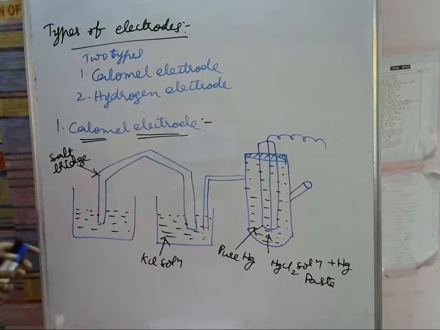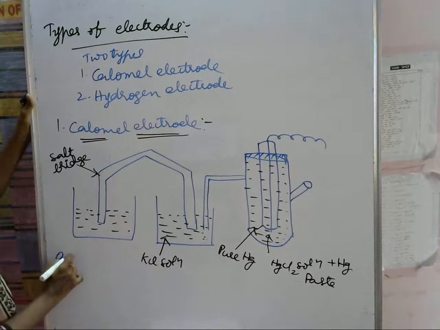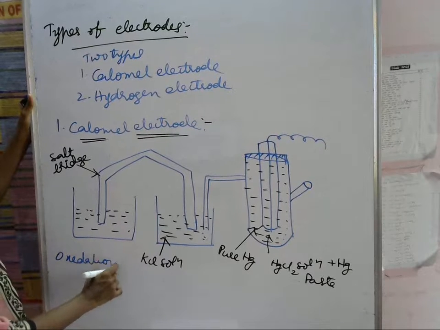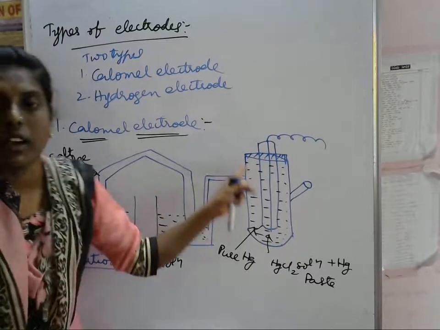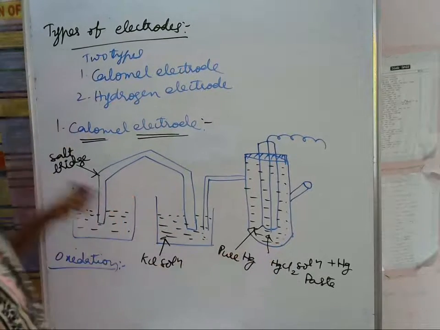Okay, so here, oxidation. Let's see where the oxidation occurs. Oxidation occurs at this electrode, the mercury electrode.